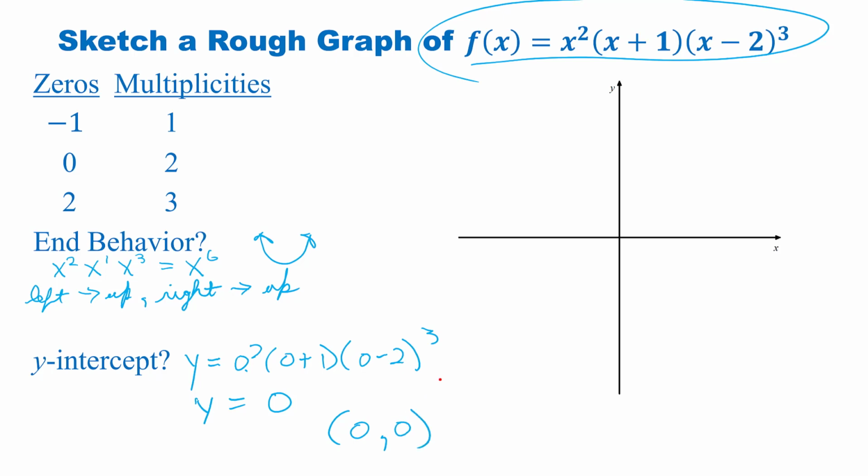Now let's try to plot this information that we have. So starting with zeros of -1. Okay, so right here we have a zero of -1. We have a zero of 0. This is also the y-intercept.